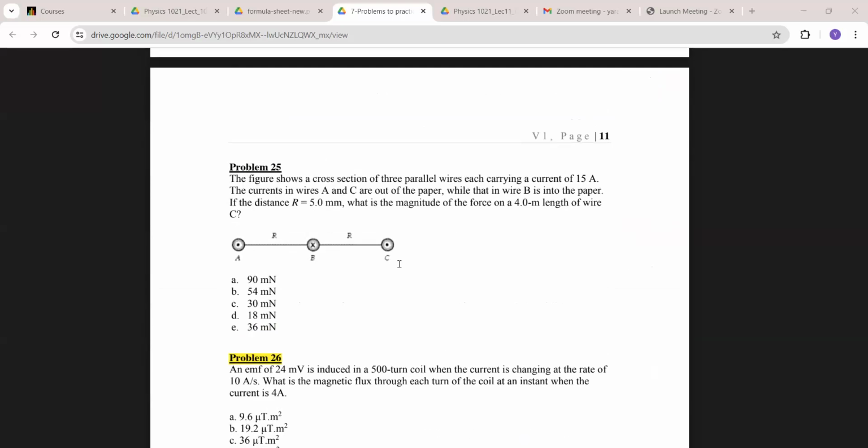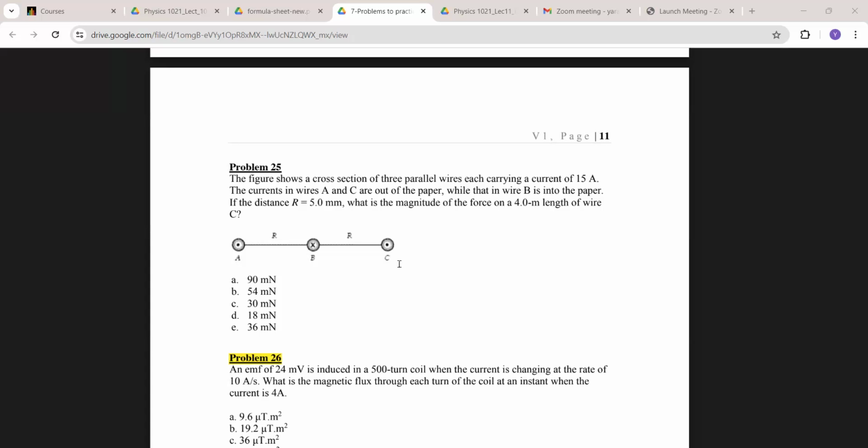The figure shows cross-section of three parallel wires, each carrying current 15 ampere. The current in wires A and C are out of the paper, while in wire B is into the paper. If the distance R is 5 millimeter, what is the magnitude of the force on a 4-meter length of wire C?